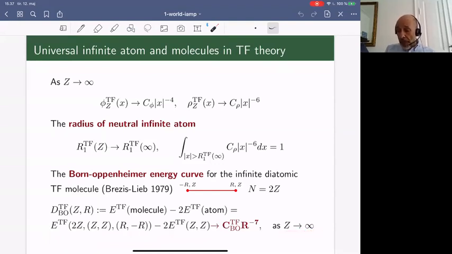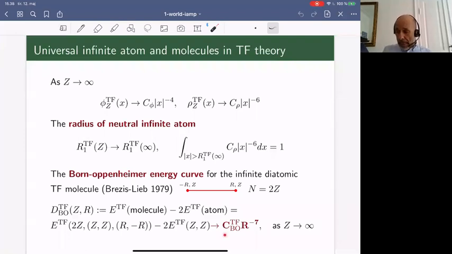This converges. It was proved by Brezis and Lieb in 1979 that as Z goes to infinity, it converges to a curve that behaves like R to the minus 7 with a universal constant again. This universal constant is somewhat difficult to calculate, but they prove its existence, so that the Born-Oppenheimer curve converges to R to the minus 7.